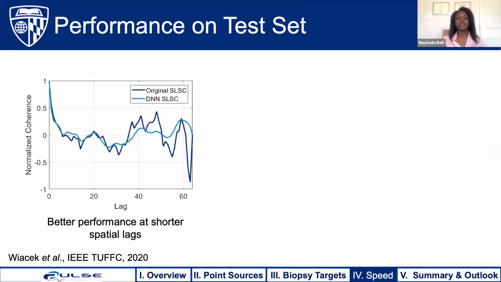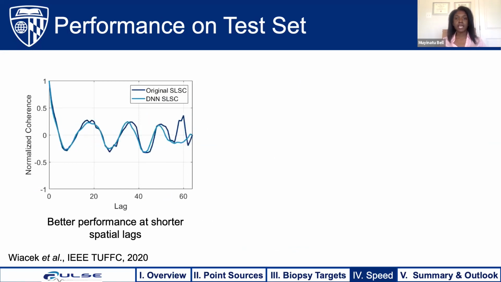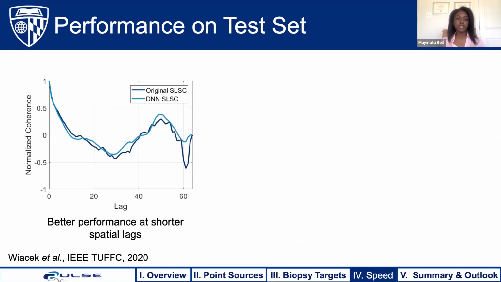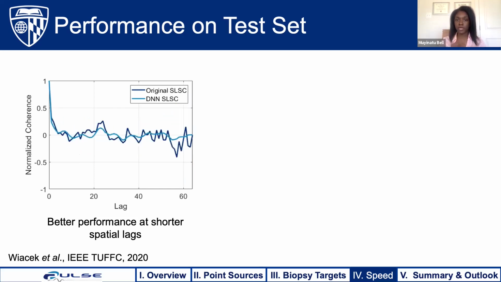And here you see the individual coherence functions output by the network in light blue, and coherence functions calculated to make the original SLSC image are shown in dark blue. We see that the match is very similar between these two outputs, but in the short lag region, you see that we have the best performance. And that short lag region was modeled to exist up until about a lag of 25 and below.